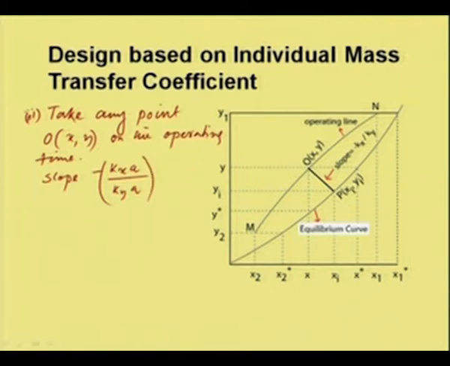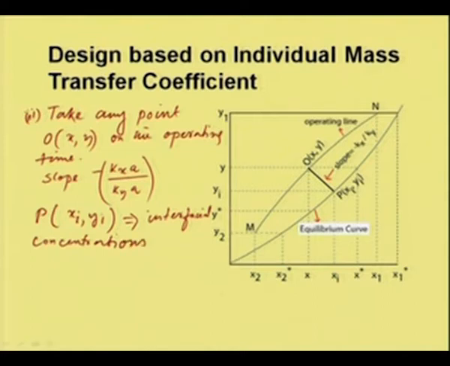With this slope, we can draw a line which intersects the curve at some point P, which is x I and y I. This gives the interfacial concentrations corresponding to that x y value. This line OP is called the tie line.